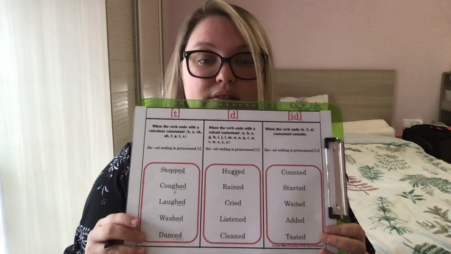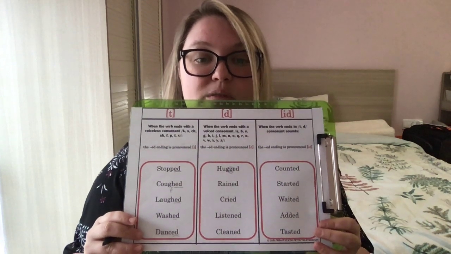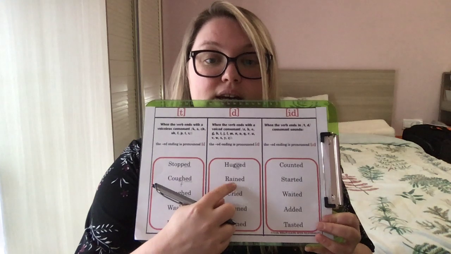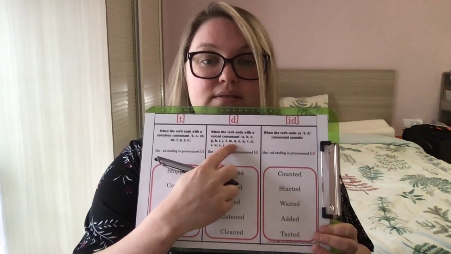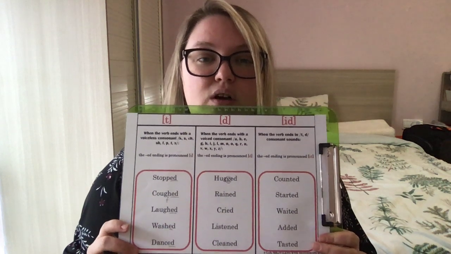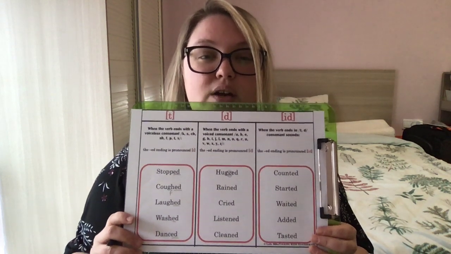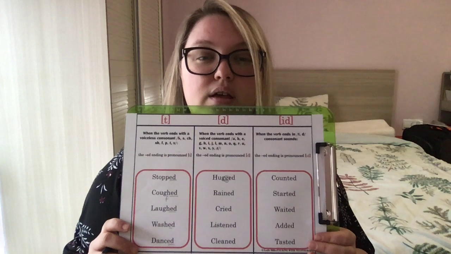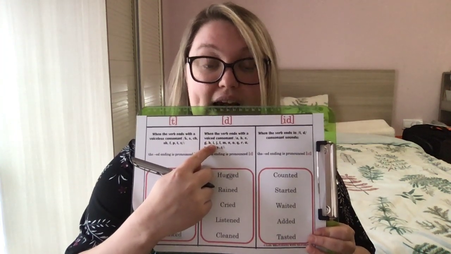It makes a D sound because of the N sound for rain, a voiced consonant. How about cry? What is the ending sound in cry? It's an I sound, right?